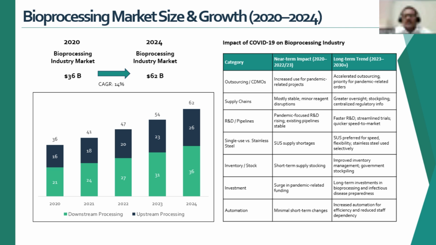Also, there is an increase in use of automation technologies with minimal manpower interruption. And so the trend of increased automation for efficiency and reduced dependency is going forward in the next forecast period.